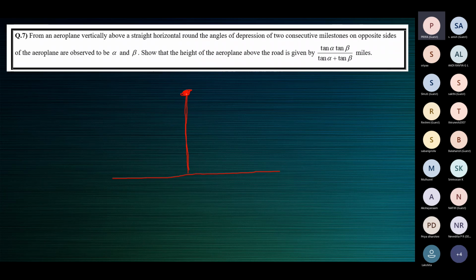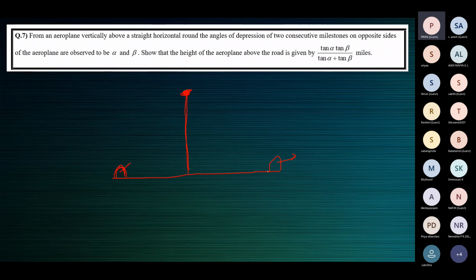The angles of depression of two consecutive milestones. So milestones which we see on the highways. This milestone says so many miles to Trichy, and this one says so many miles to Trichy.